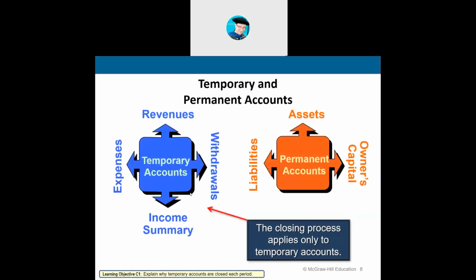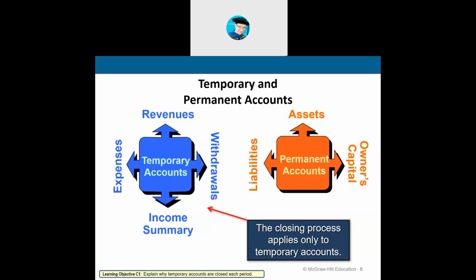But the first part I want to show you is what we do for each month: we close out our temporary accounts. There are two categories of accounts. There's temporary accounts and permanent accounts. Temporary accounts are just that, they're temporary. They get zeroed out at the beginning of every single accounting period.